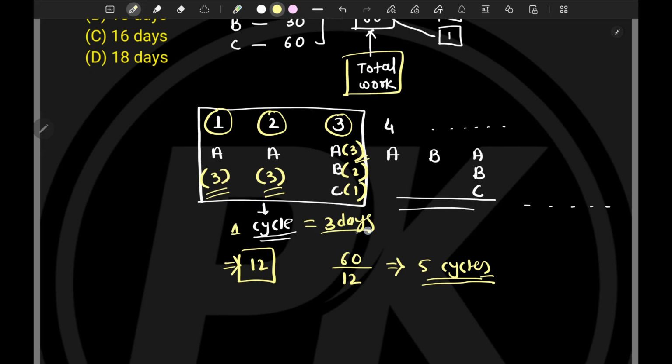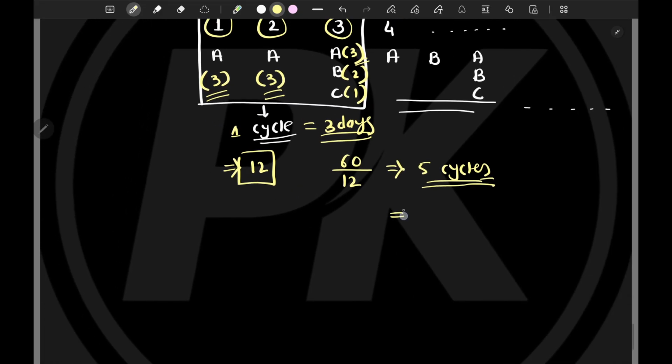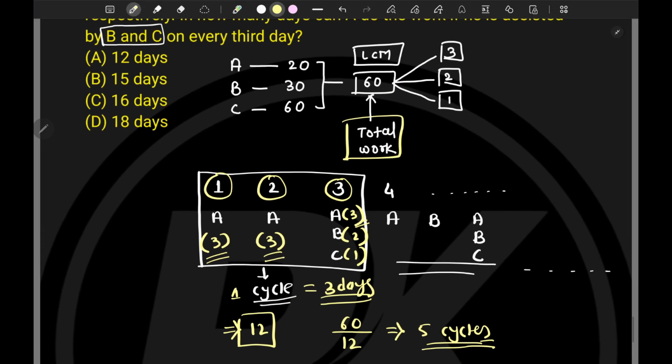So 5 cycles will be 5 into 3, which means the total time required will be 15 days. Seems easy, right? Hence option B is correct. At first instance, you might find it a bit challenging, but let's see the next problem. You will get used to this.